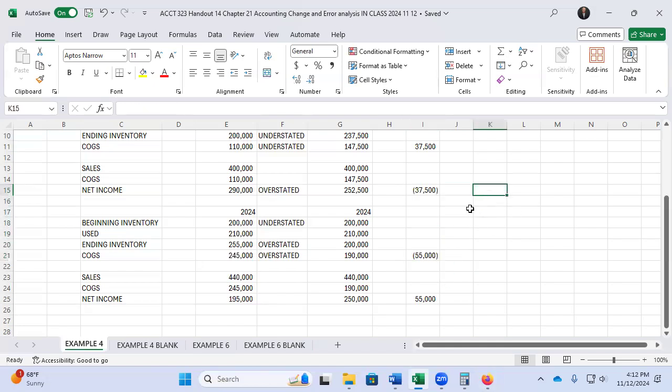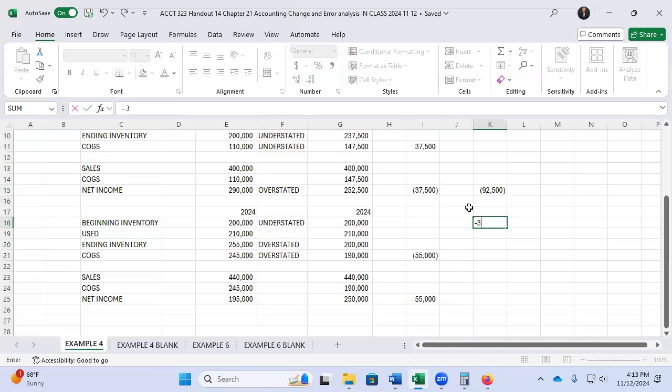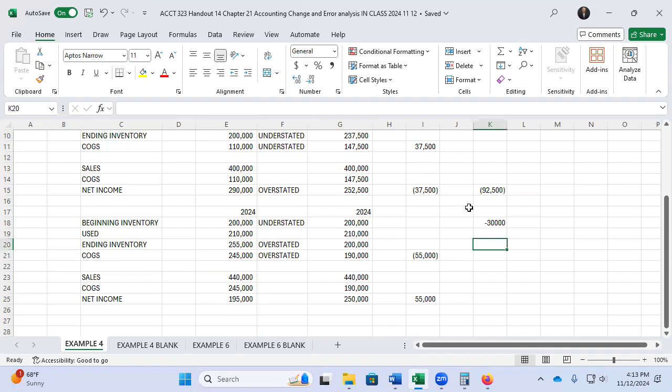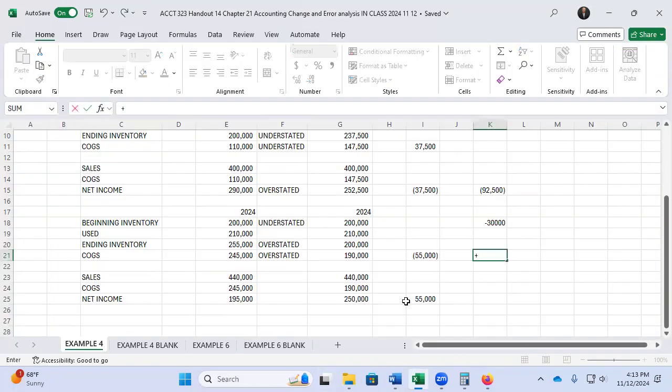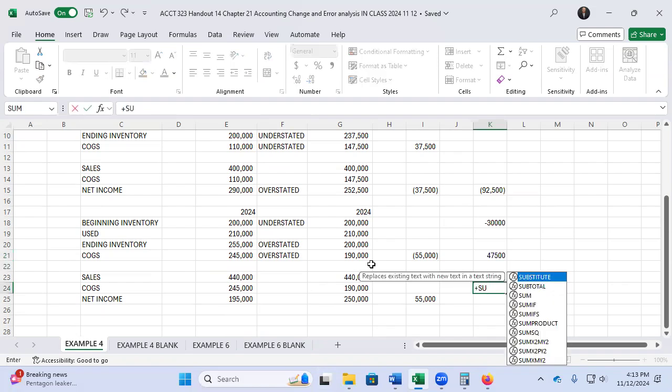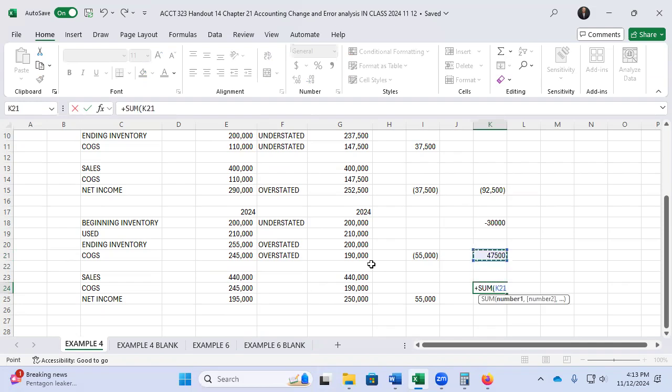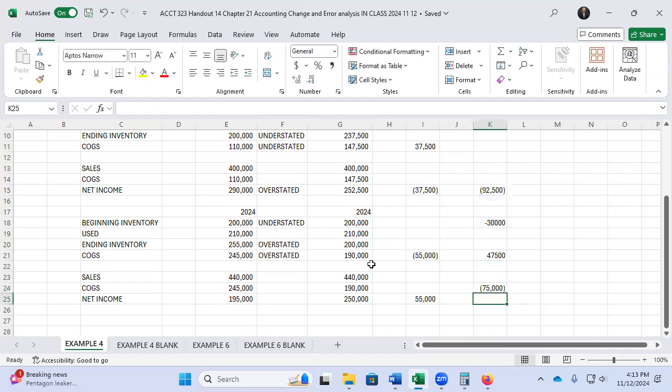And then you subtract the 30,000. And then the 47,500. And so that's the 75,000 overstatement.